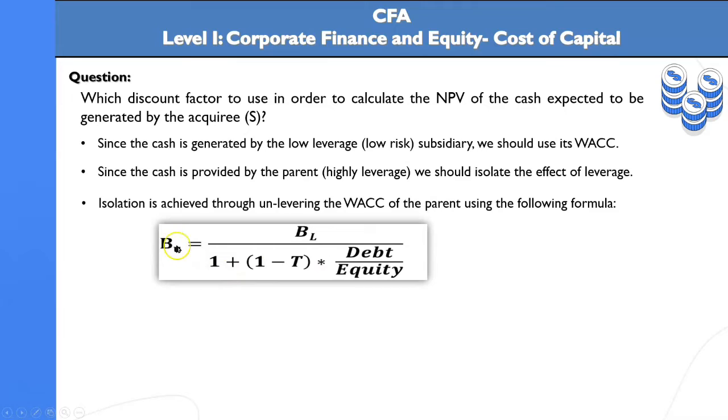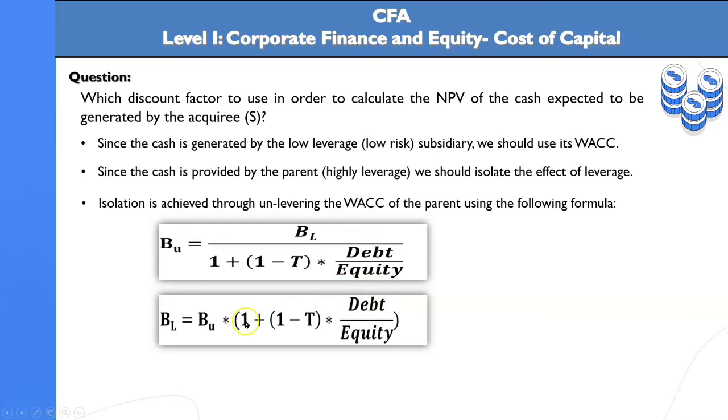Beta unlevered: we need to remove the effect of the leverage from the beta, which is already very high, 1.5 in the parent, as we have just seen in the previous slide, while the beta in the very low leverage company with very low debt, that is the subsidiary, was 0.9. So we need to unlever, to remove the leverage effect of the parent, by bringing the beta of the parent with the leverage and then dividing by 1 plus (1 minus tax) times debt divided by equity, which will be very high debt here.